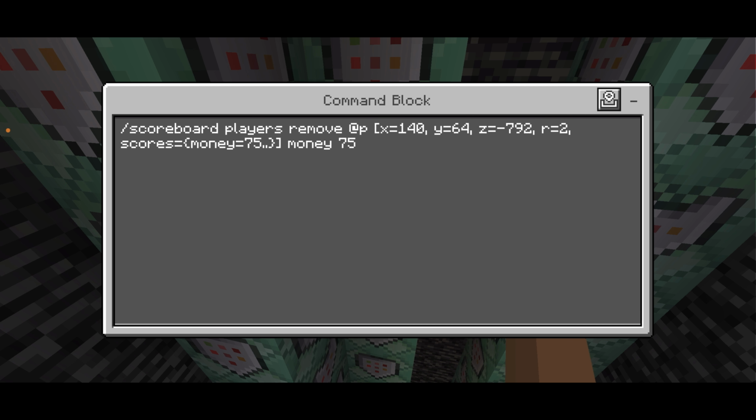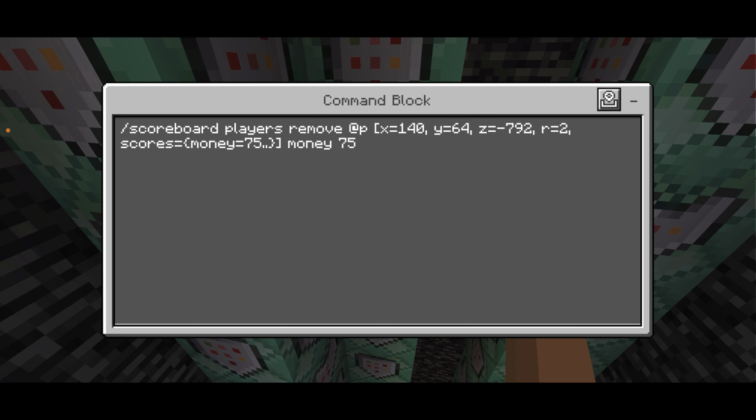So first, unconditionally, we check, is it season 1? If it's season 1 on that scoreboard, if season has a score of 1, we are going to give that player that has enough money 3 diamonds.